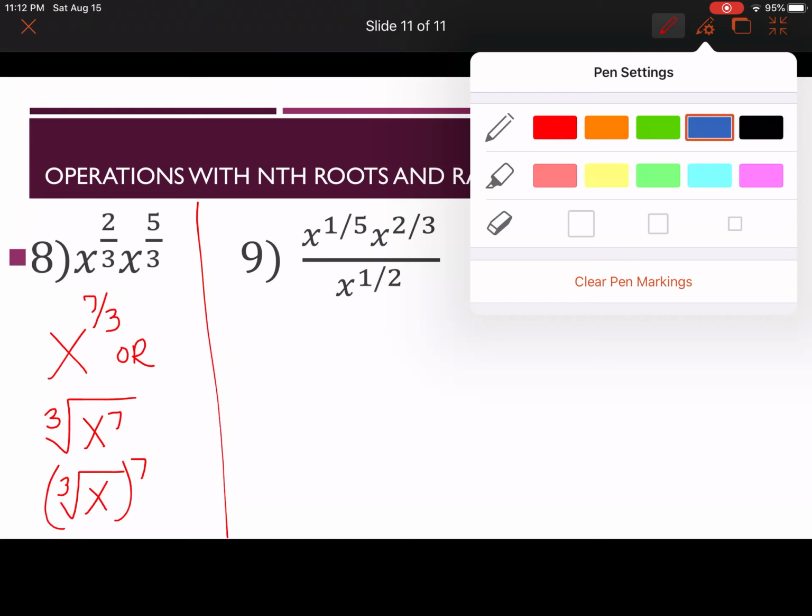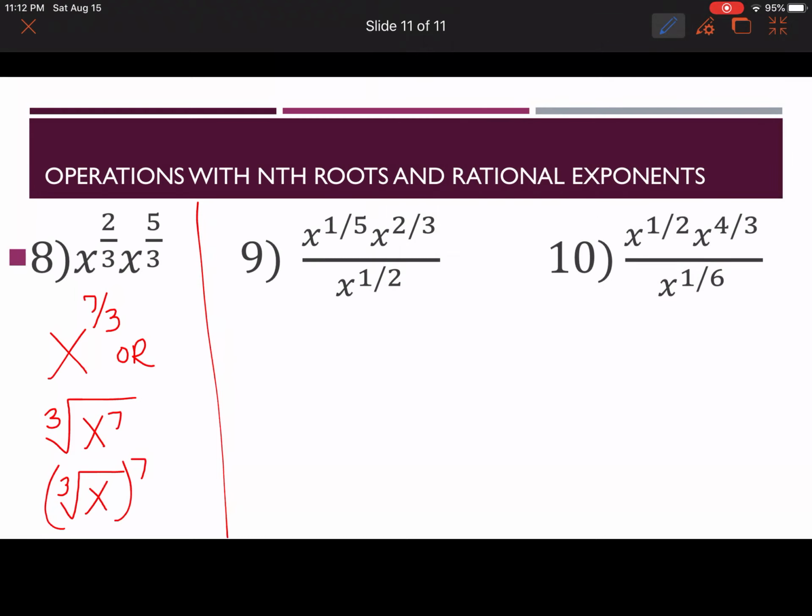For question number 9, we need common denominators. So I'm going to start off by writing everything over 30, because I know 30 would be my lowest common denominator for 5, 3, and 2. So if I use the denominator of 30, this would be 6 over 30, because I'm multiplying that 5 top and bottom by 6, times x.